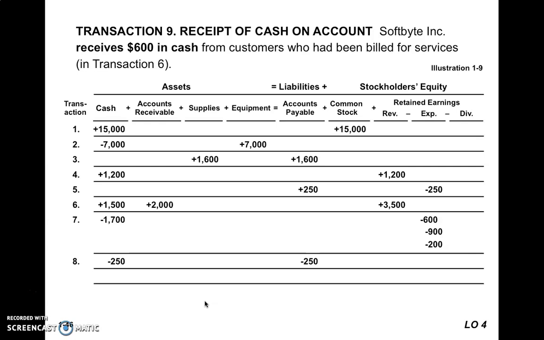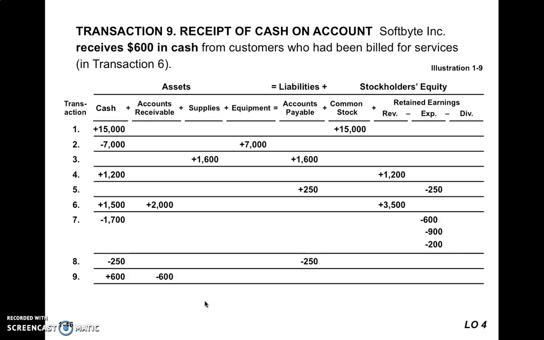So the customer is paying part of what they owe us. Therefore, the company's cash increases by $600. Another asset, accounts receivable, decreases by 600, because accounts receivable is a promise from the customer to pay us cash in the future. And today they honored their promise, at least partially.